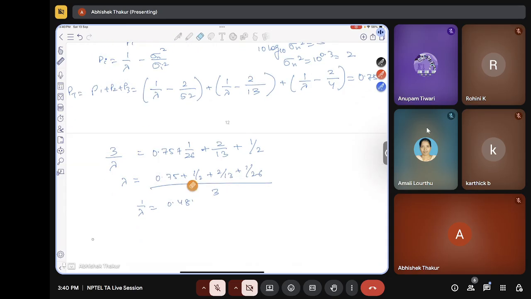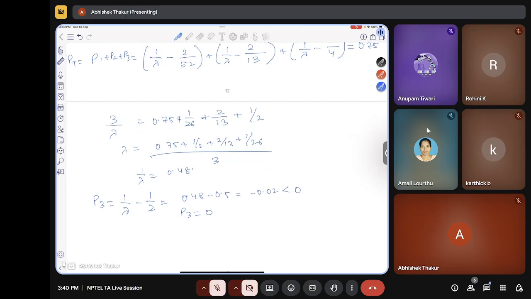So now what are the values? P3 is equal to 1 by lambda minus half. So that is 0.48 minus 0.5. So this is minus 0.02. It is less than 0. So in this case, P3 is equal to 0, as we have already studied. So now we will set n equal to 2 and then solve the question.